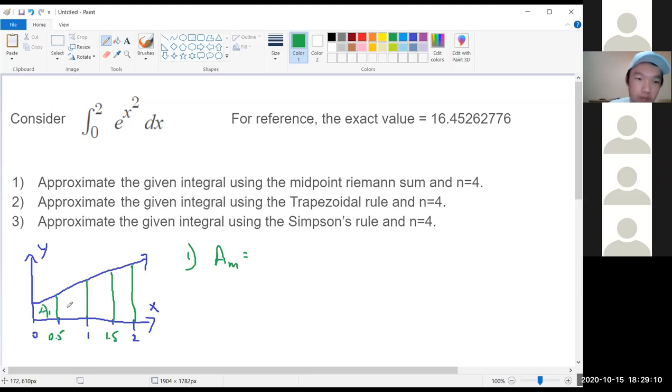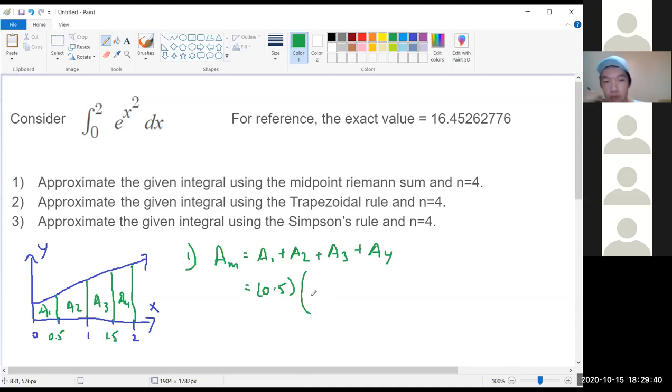So this would be A of 1, A of 2, A of 3, and A of 4, and then each one has their own area. So this is 0.5. Because they're all the same, I'm just going to write it outside and then add all the y values.